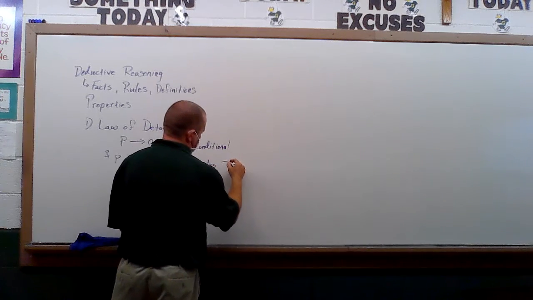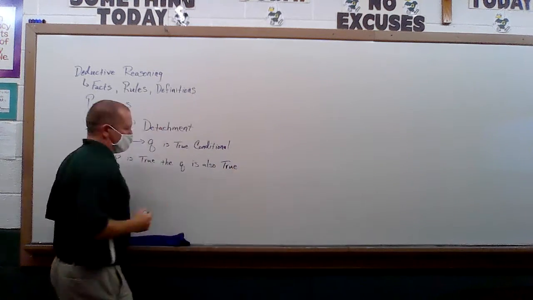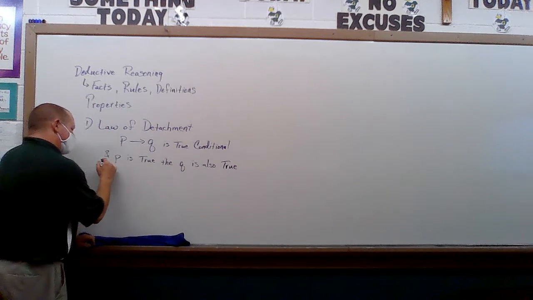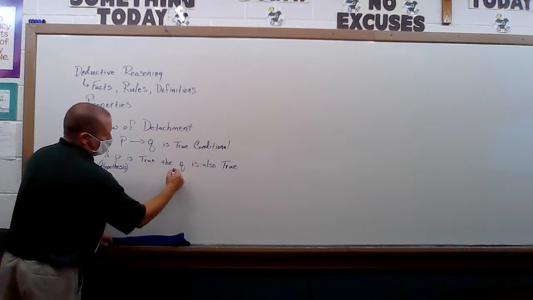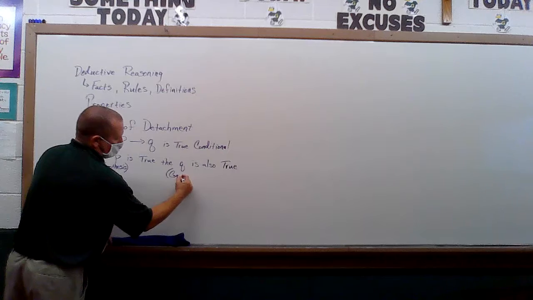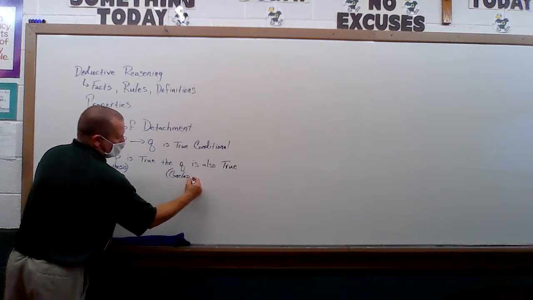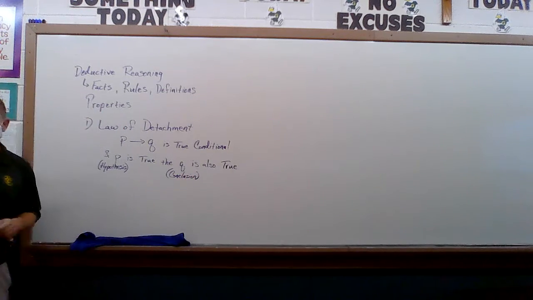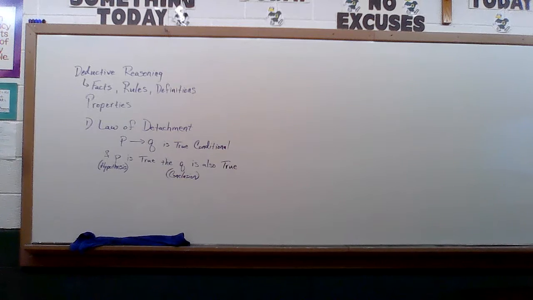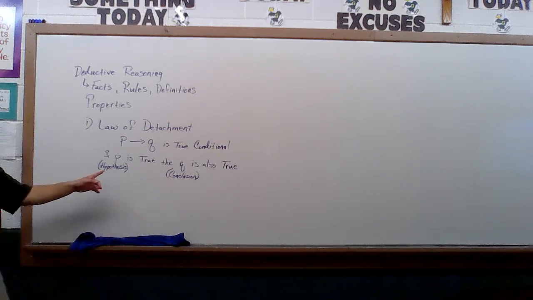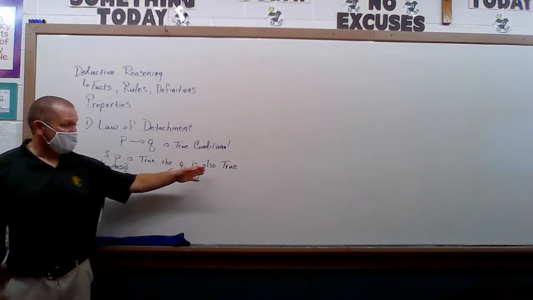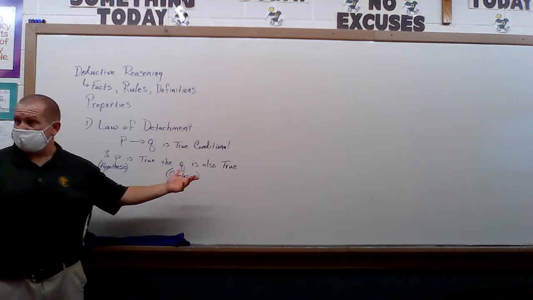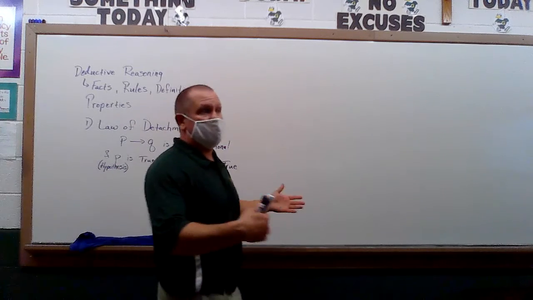So if the whole thing's true, the individual parts are also true. And remember, the P basically is my hypothesis. The Q is basically my conclusion. So if I read through my if-then statement, I come to the conclusion that the whole thing's true. Then I come to the conclusion that the P part, or the part with if, is true, and individually, the Q part is also true. And we would build on that.